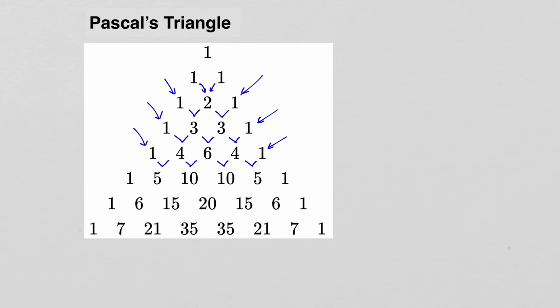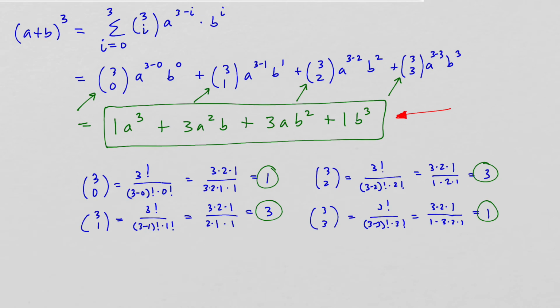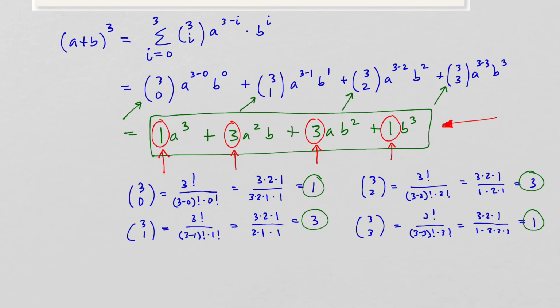Well, if you look at this particular row right here, the 1, 3, 3, 1 row, this should remind you of what we did on the previous page, right? The 1, 3, 3, 1, those were the coefficients of the binomial expansion a plus b to the 3rd power.